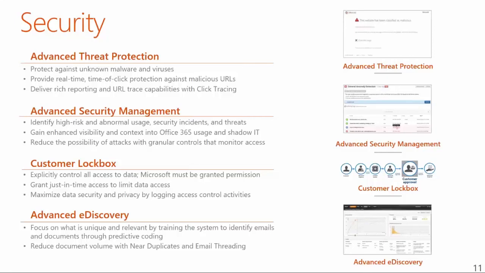But sometimes it's necessary to separate the wheat from the chaff, and the Advanced eDiscovery system allows that to work by using threat analytics, duplicate detection, and predictive coding that trains the system to identify relevant emails and documents.